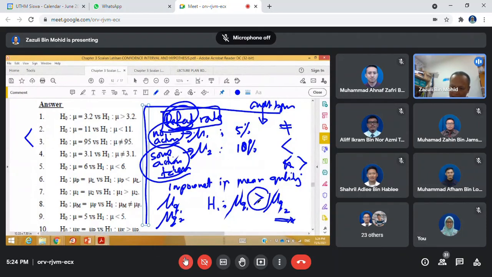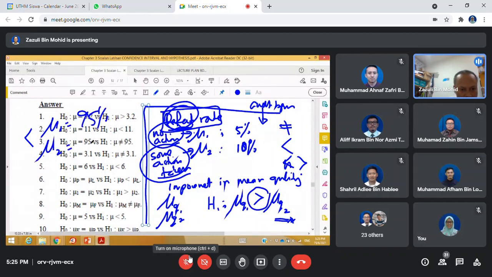Ni tricky, soalan macam ni jadi tricky tau. They give you the defect rate, but then they ask you about the quality improvement. Kalau orang bagi pada you yield rate, a successful rate, maybe successful rate mu1 is 95%, mu2 is 98%.